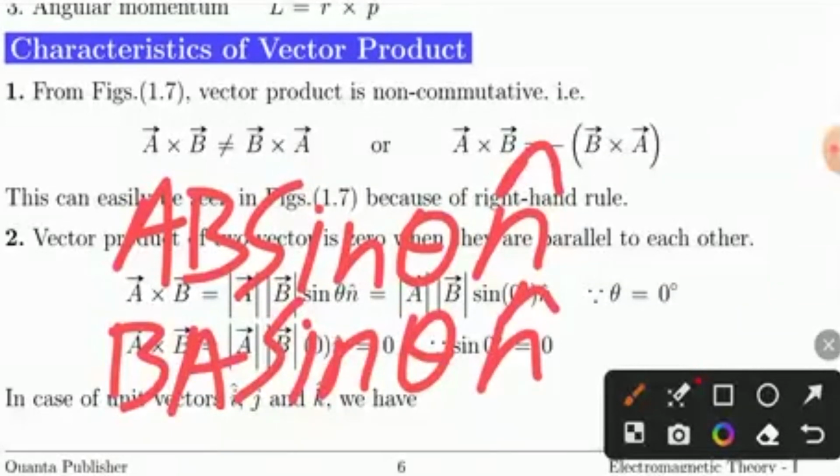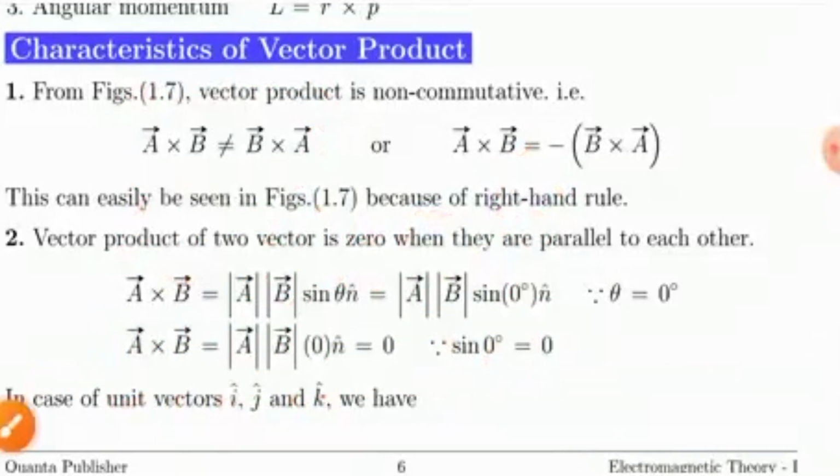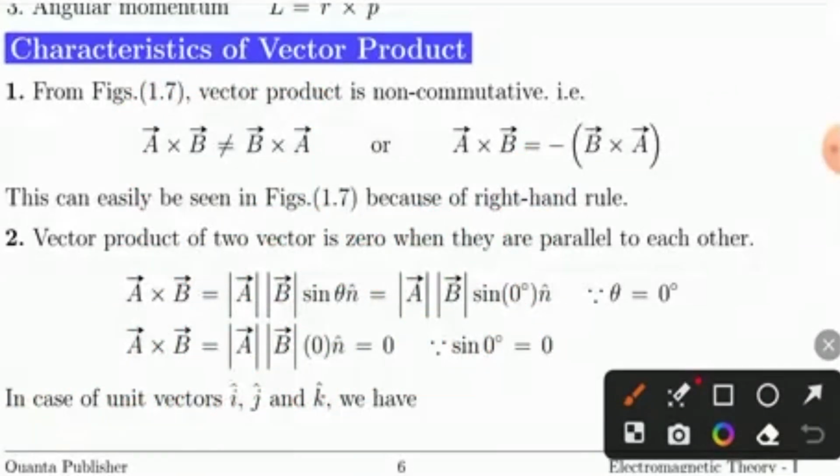But here the normal unit vector has the negative sign, because the directions of these two normal unit vectors are opposite to each other. So we can conclude that A cross B is not equal to B cross A. Or if we want to balance it, we can write that if A cross B is equal to B cross A, then we have to put the negative sign over here.